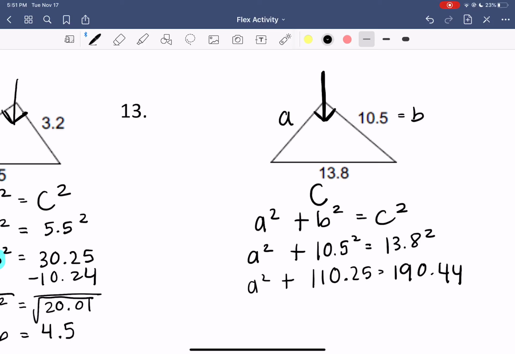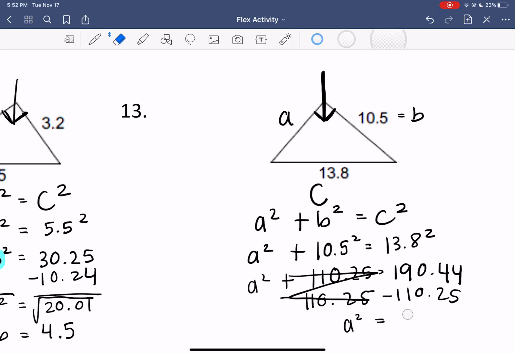190.44. So I'm going to then subtract 110.25 from both sides. On the left, that becomes 0, and then we'll be left with a squared equals 190.44 minus 110.25, which is 80.19. So then we're looking just for a, right?